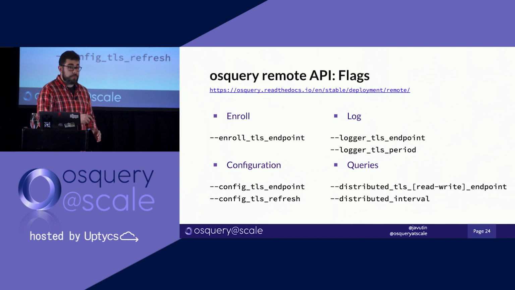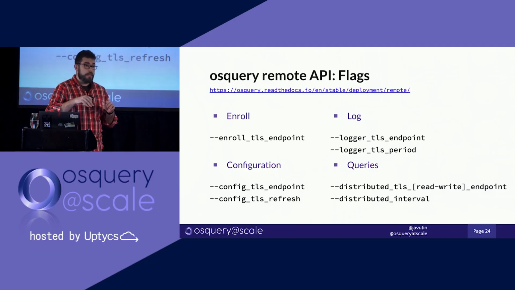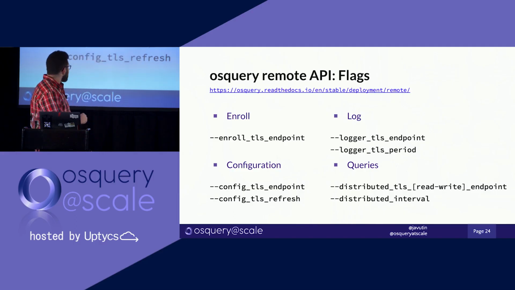But I'm going to mention these flags. For enrolling, this would be the path to enroll that I showed you before. Same thing for the logger endpoint and the period, because you want osquery to be sending logs every so often. So this is an interval in seconds that osquery is going to use to send those logs to your remote server.